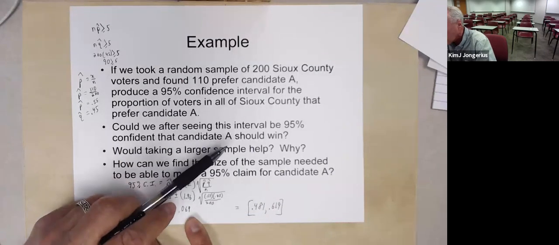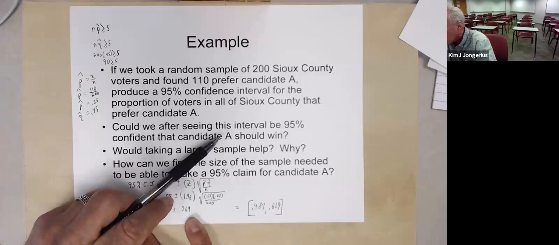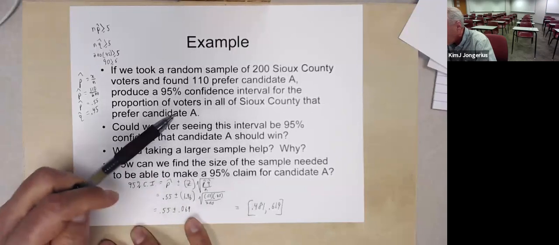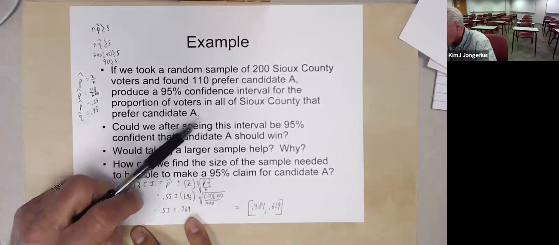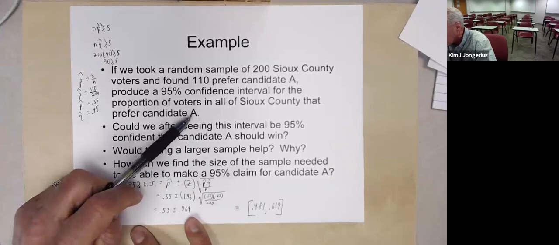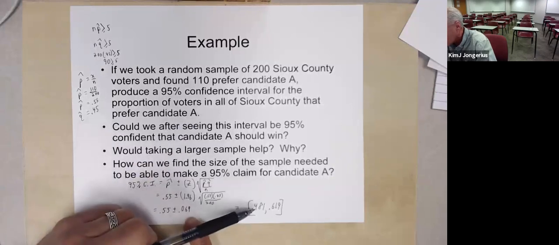So the answer to this question here would be no, we are not confident, because it is possible the true population could be down here at 48.5%, 49%, 49.5%. This interval goes below 50%. And I'm assuming here there's only 2 candidates. So if this goes below 50%, it is real possible that more than 50% would vote for candidate B. So this is not what we would call a sure confidence interval for candidate A.